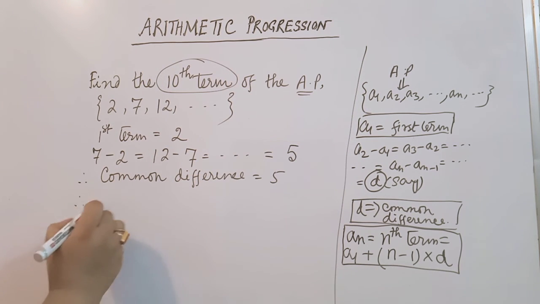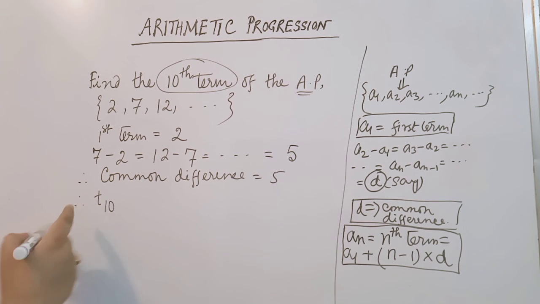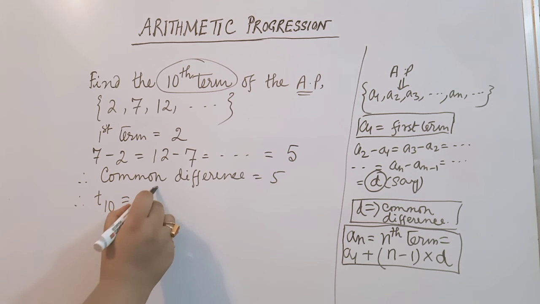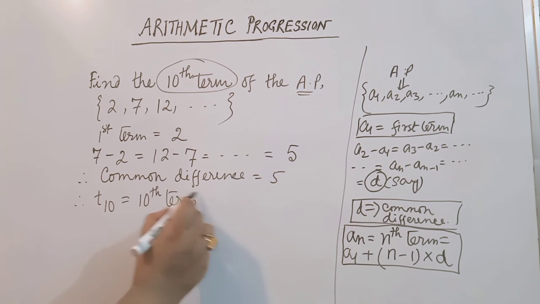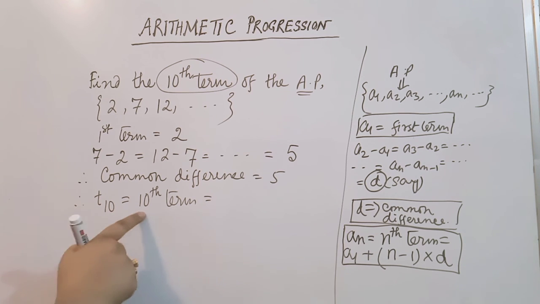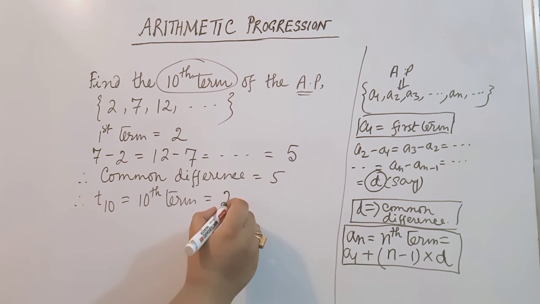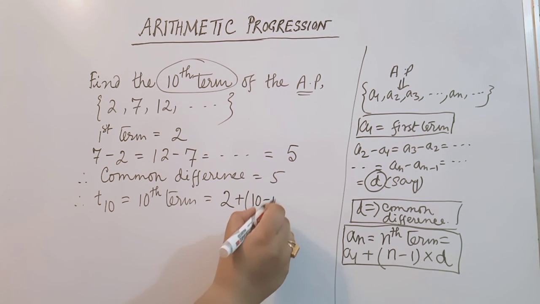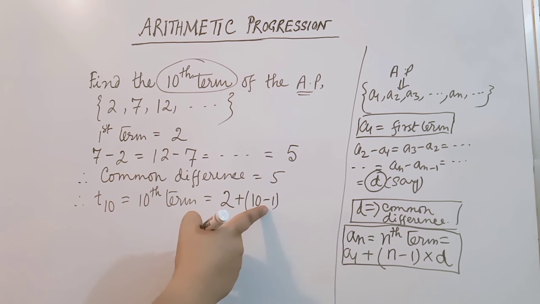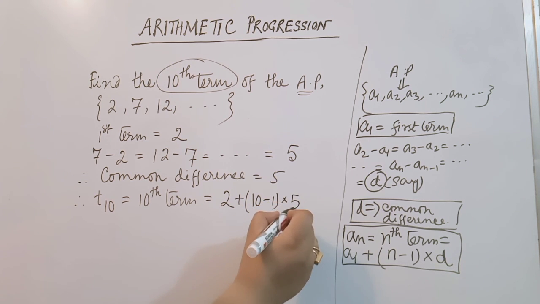So a10 or t10, whatever you can say, denotes the 10th term of this progression, and hence by following this formula, we get that this 10th term will be obtained by 2, means the first term, plus (10 minus 1), means position of this term minus 1, into the common difference.